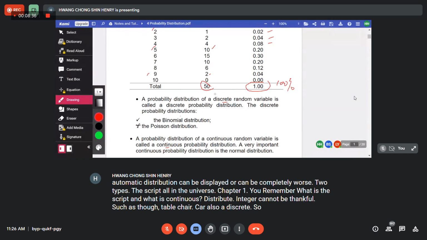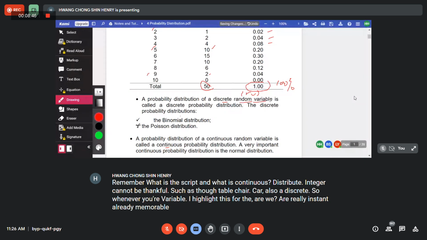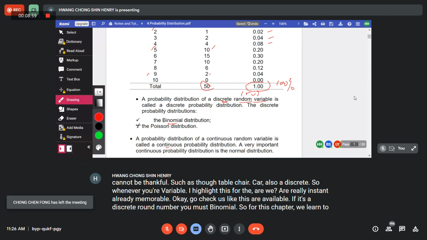So whenever your variable, I highlight this word, RV, stands for random variable. Variable means like table, chair, cars. If it's a discrete whole number, you must use binomial.